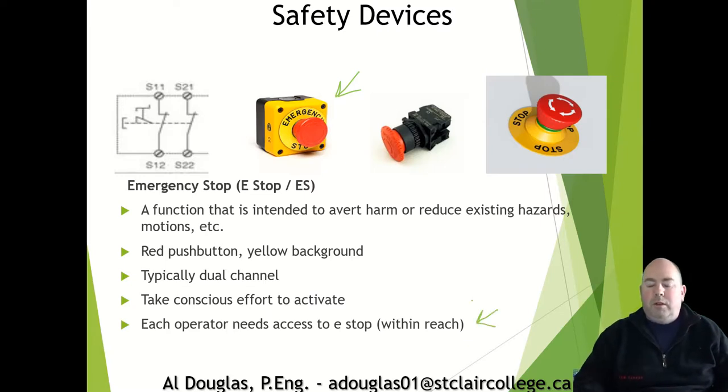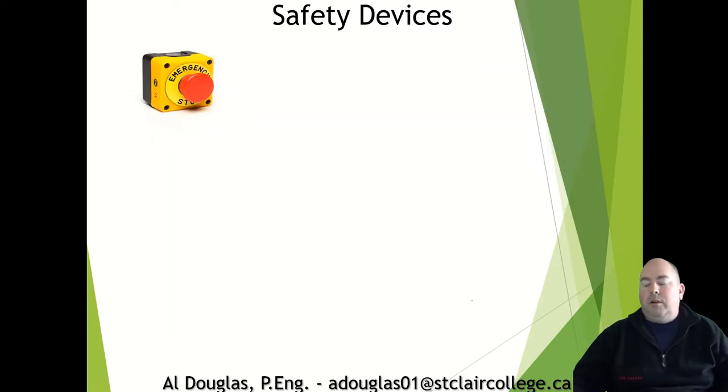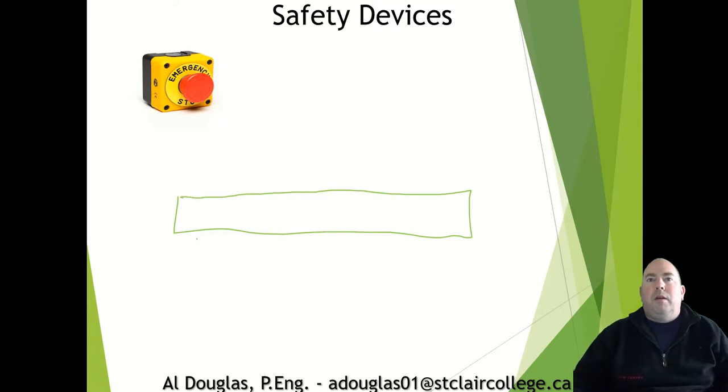Okay, now one thing to remember about EStops is they are active devices, not passive devices. So you actually need someone to push this. This does not prevent harm from happening. It basically stops the machine after something has already happened.